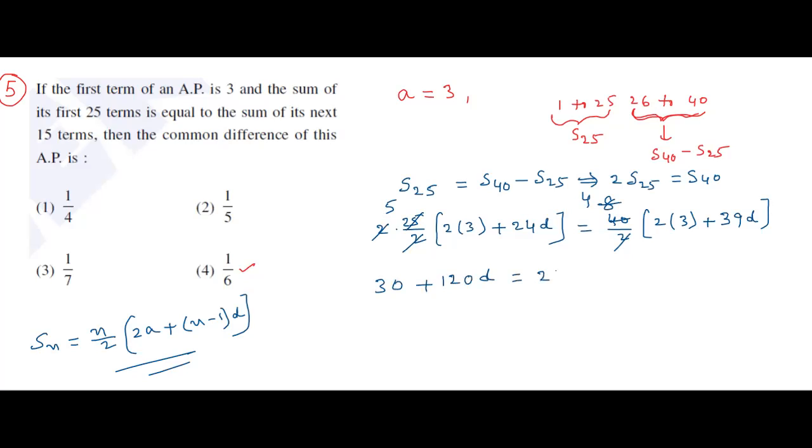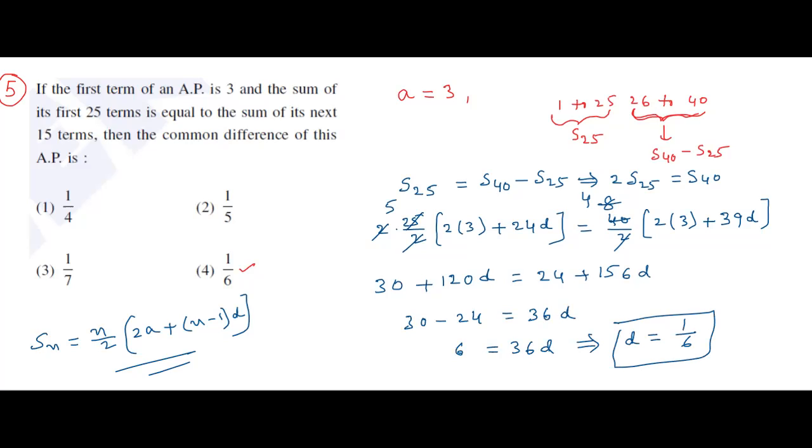Yeah. 4 6s are 24 plus 4 9s are 36, 156d. 30 minus 24, that is equal to 156 minus 120, that is 36d. 6 is equal to 36d. Now finally, what is the common difference here? 1 by 6. This is the answer.